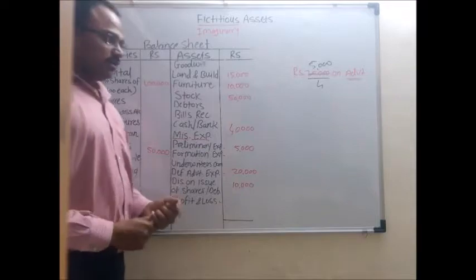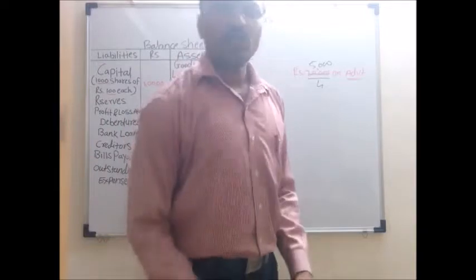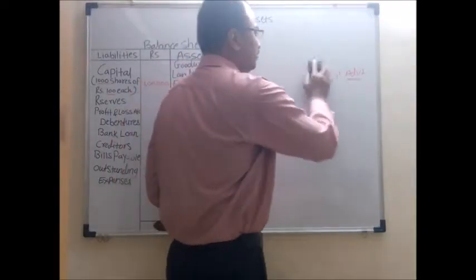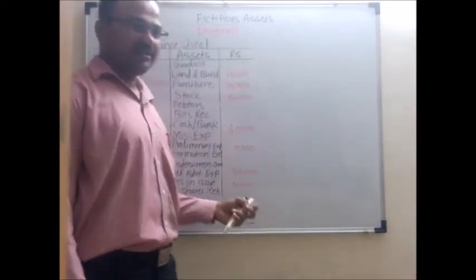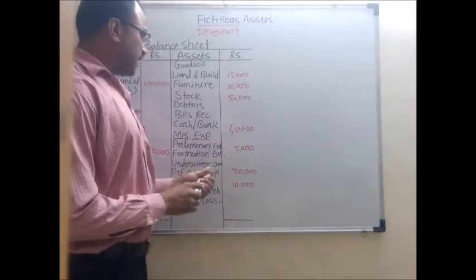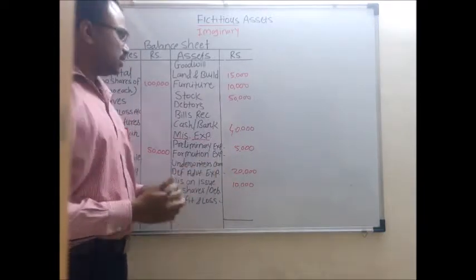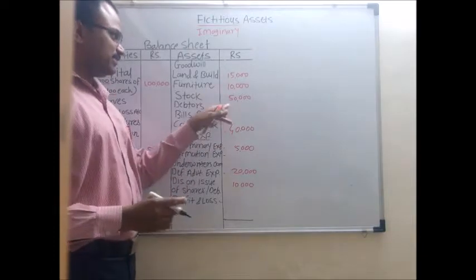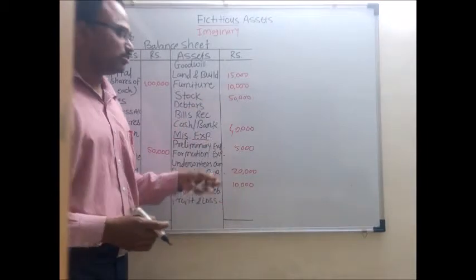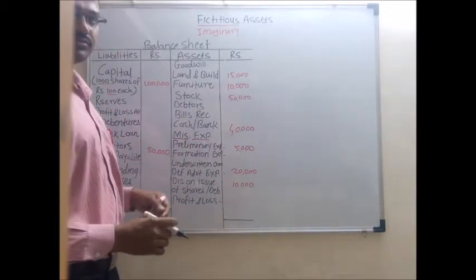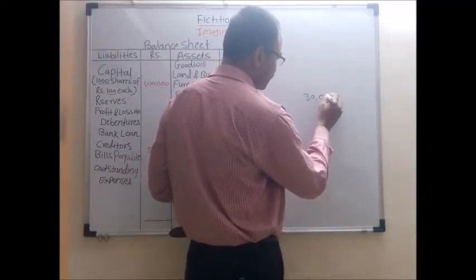Now, as my business is growing, various business activities are taking place. I am selling the goods on credit or cash. Suppose out of this 50,000 stock, which includes raw material as well as finished goods, I sold 30,000 of goods.